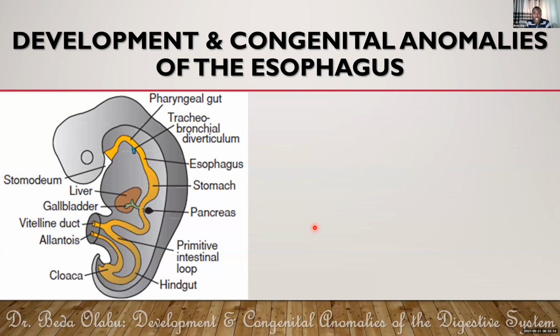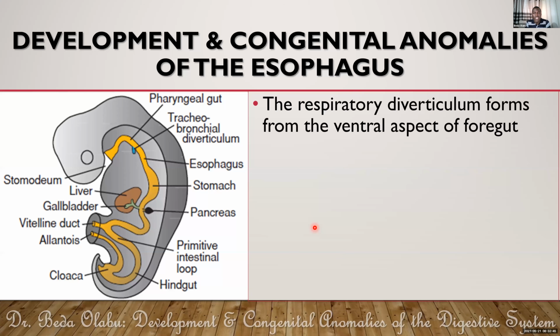But I also told you the tissues of origin of the GIT, esophagus included: the endoderm giving you epithelial lining and glands, splanchnic mesoderm giving you smooth musculature and connective tissue, and neural crest giving you the nervous system. Okay, so that still stands. But now, in terms of the sequence of development, what do we need to talk about?